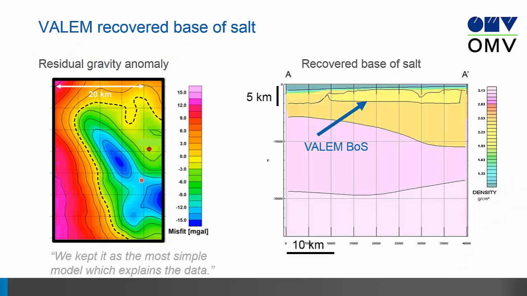So Michael followed a very similar approach to what we did with the synthetic model I've just shown you, and VALEM was used here to run a first pass at the base of salt. So they started without any salt in the model. So he had first to create a reference model and produce a residual gravity anomaly that you can see here on the left.